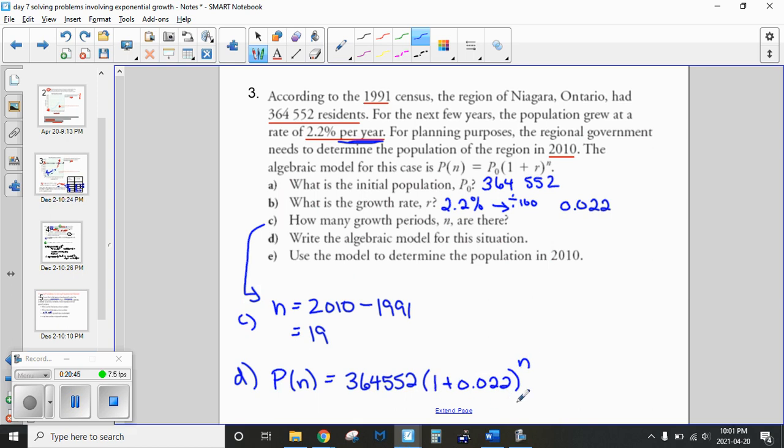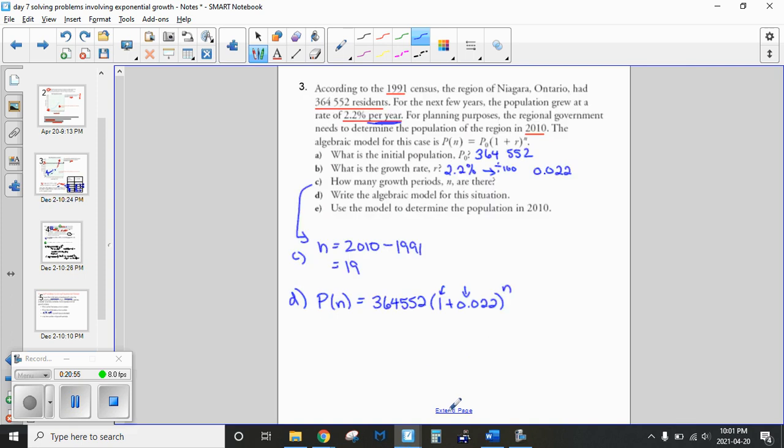This bracket is totally accurate, and it shows you that you're starting with your initial population and you're adding some growth amount to it. So this is great, but if you'd like to, you can write that a little more efficiently by right away adding those two things together and skipping that first step. So I would be okay with seeing this as your formula. You can pick which of those versions you like better.